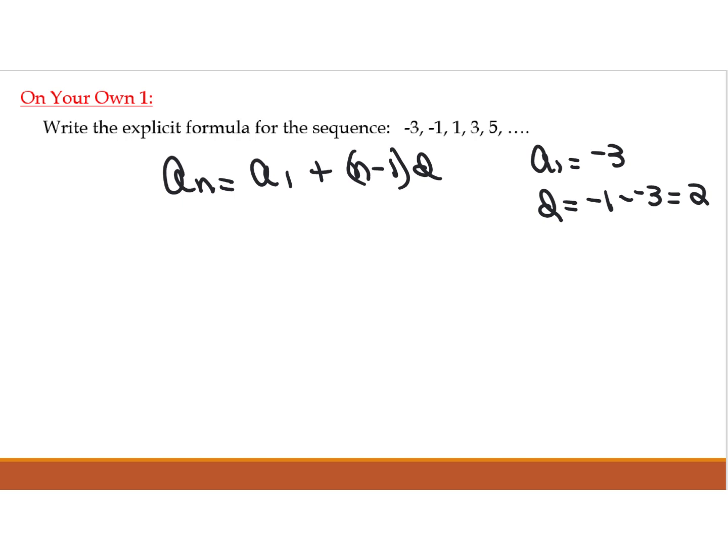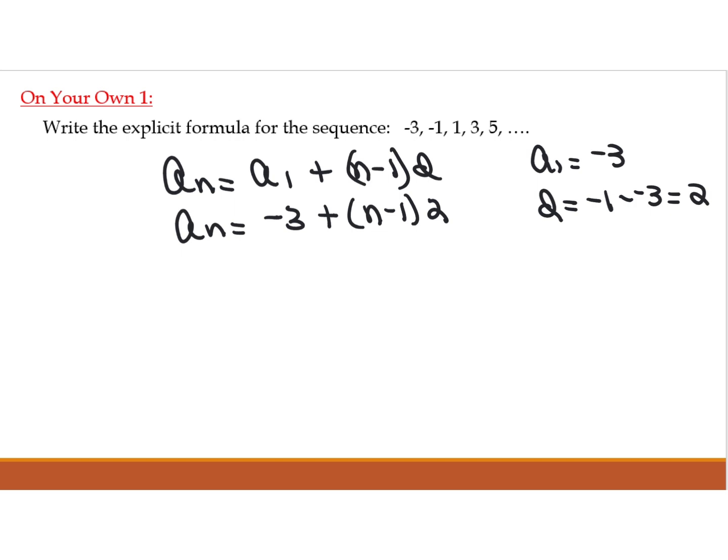Therefore, now I'm going to plug those two values into my formula. I have A sub n is equal to A sub 1, which is -3, plus n minus 1 times 2.